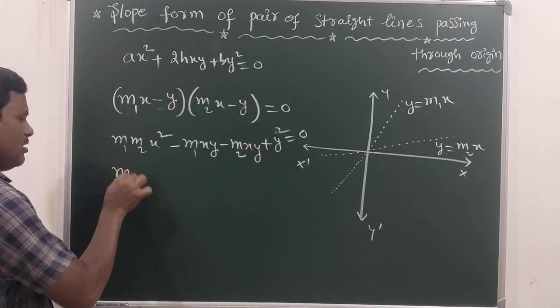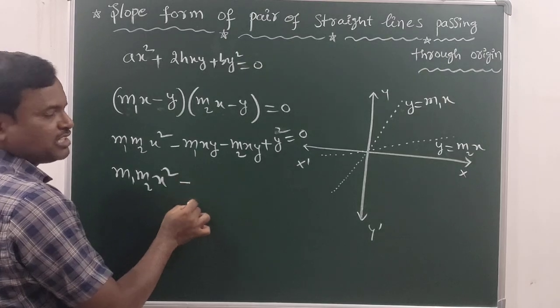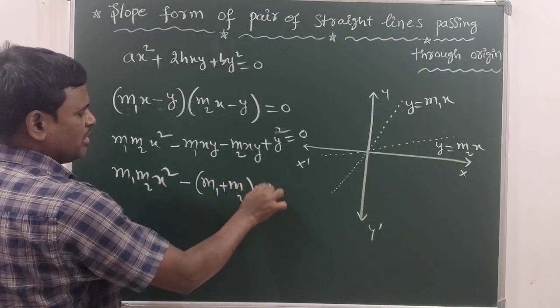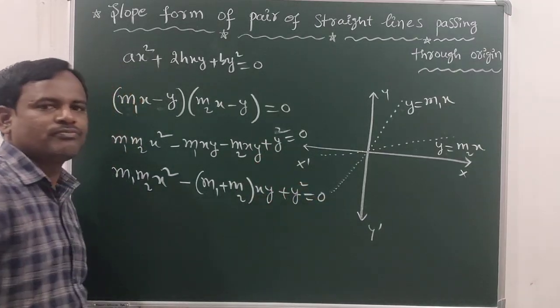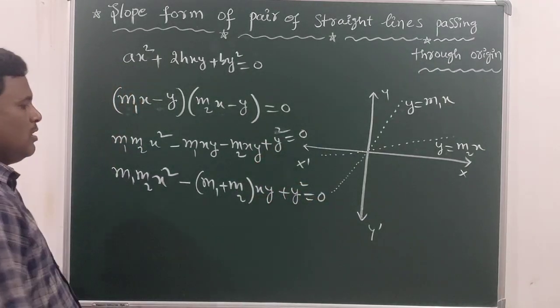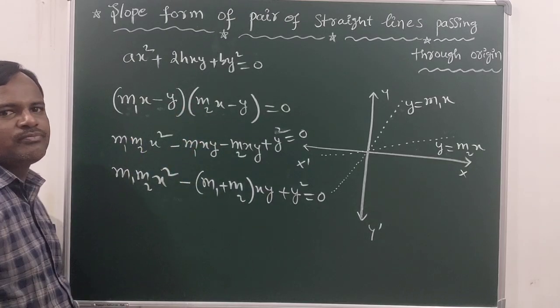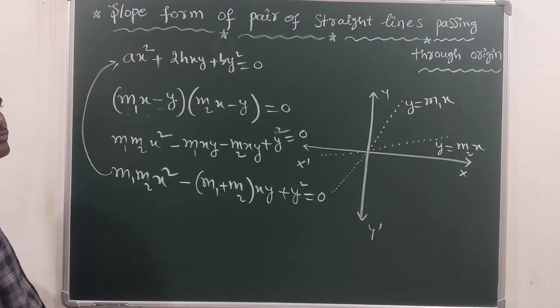See here, m1 m2 x square. From these two take minus xy common. So here you get m1 plus m2 xy plus y square, which is equal to 0. On multiplying these two line equations, I got this one. Now I am going to compare this one with this.